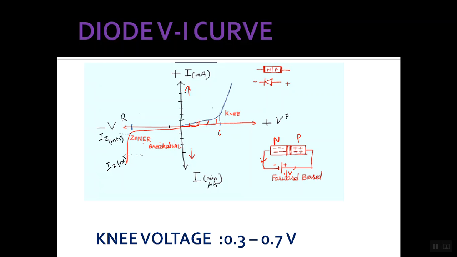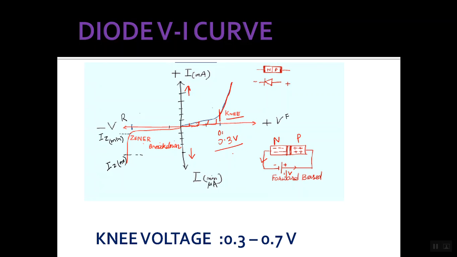And here it is. Soon it reaches 0.3 volt. What happens? There is exponential growth of current, and the point at which this current increases exponentially, this voltage is called knee voltage.